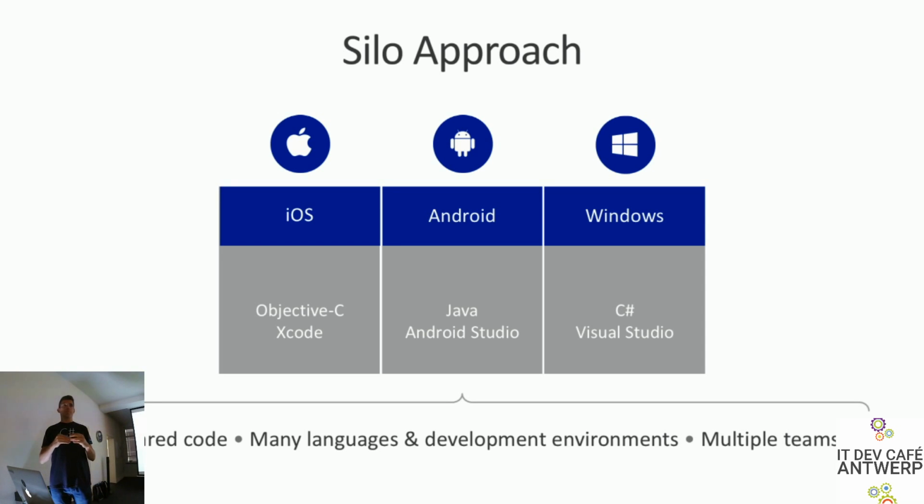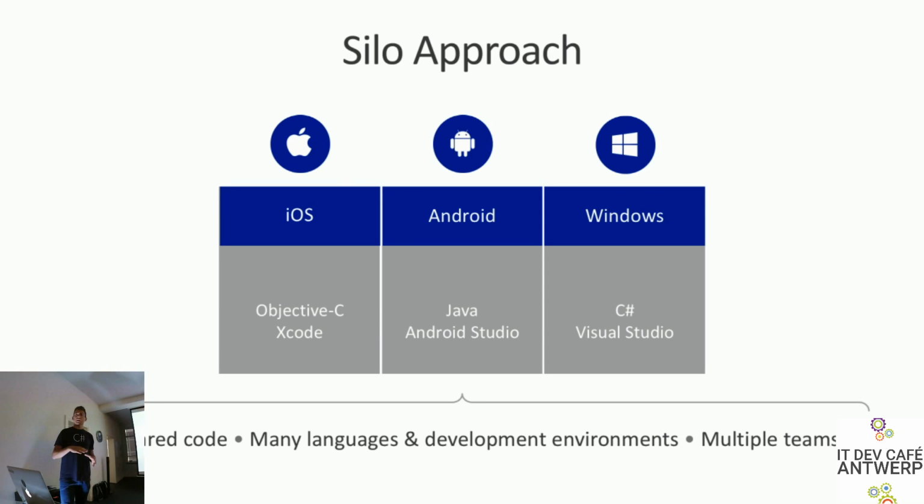The pros of this solution is that you have all the latest and greatest from every platform. If iOS 11 gets released by Apple, you immediately have Xcode 9 to build the application using the machine learning framework and ARKit when it gets released.